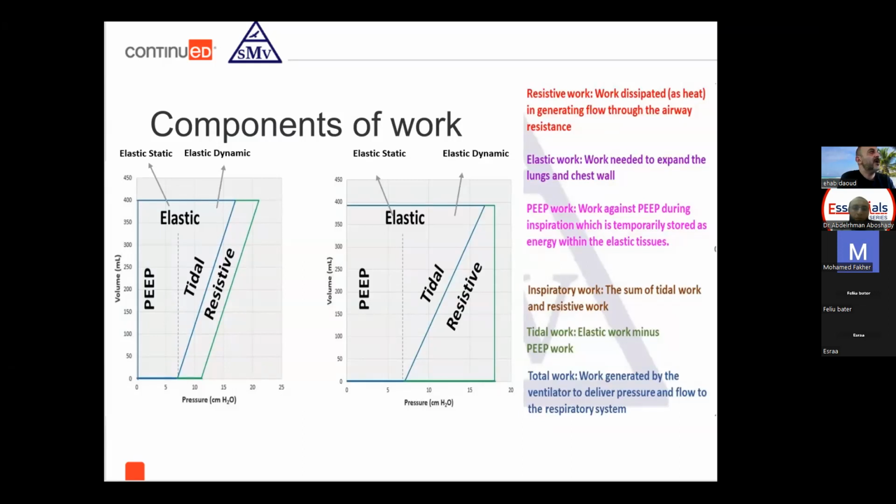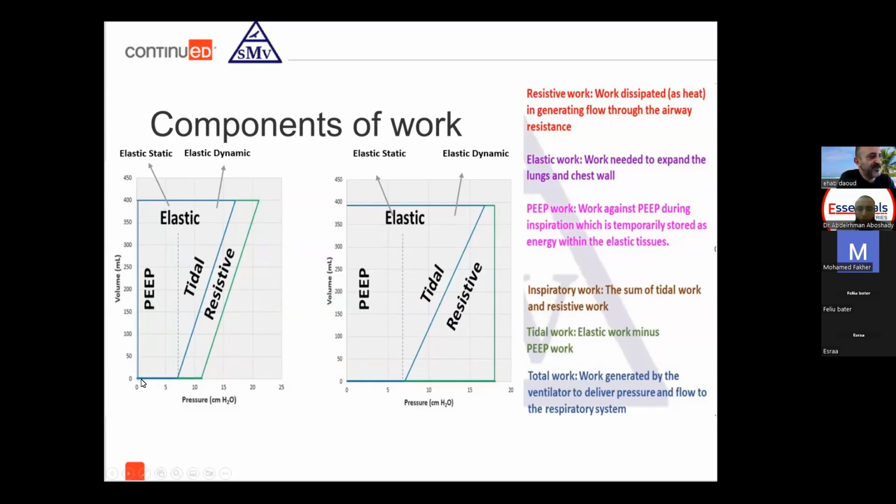Okay, the components of work. Because it became more complicated, we're not only looking at one equation of mechanical power, we're looking at a lot of things here. So let's go to this picture here. This is the volume pressure curve in a volume control mode on the left.